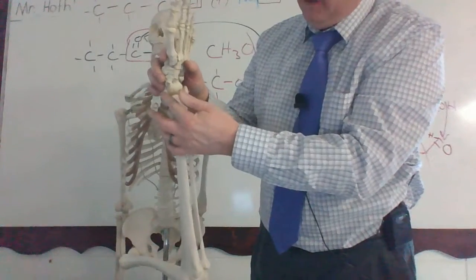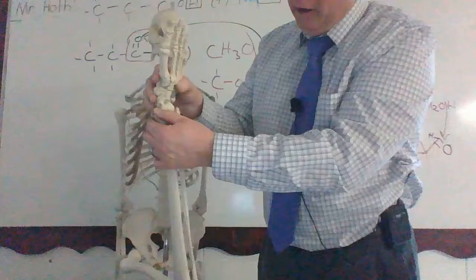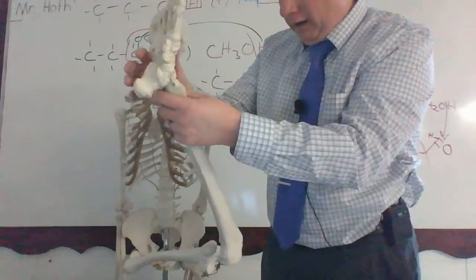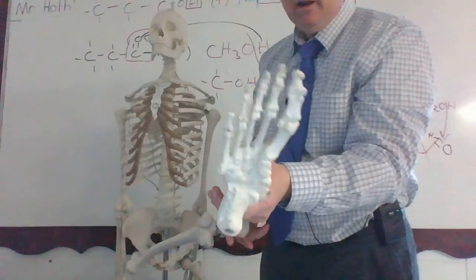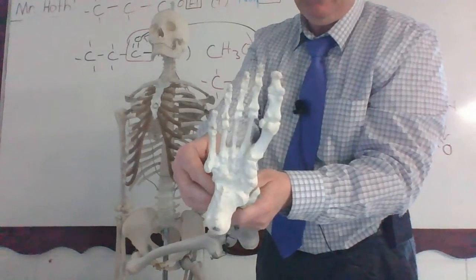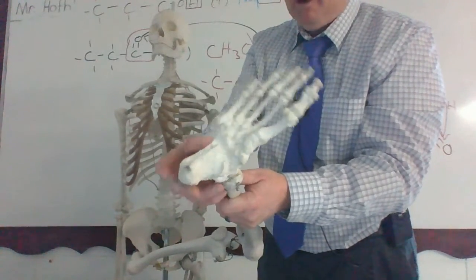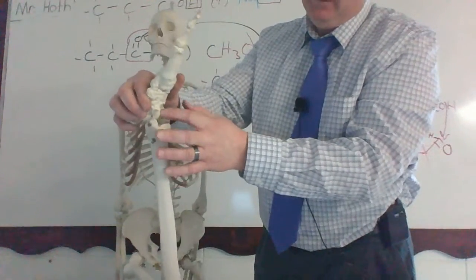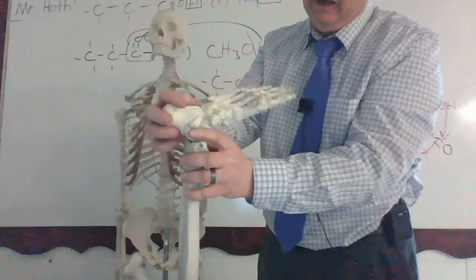Notice we're looking at the medial side right here. This is actually called the medial malleolus. And the head of the tibia is up on top, and then the head of the fibula is actually down here. That comes in contact with what we call that of the tarsus bone. That's right here. And then you have your heel bone, which is your calcaneus.